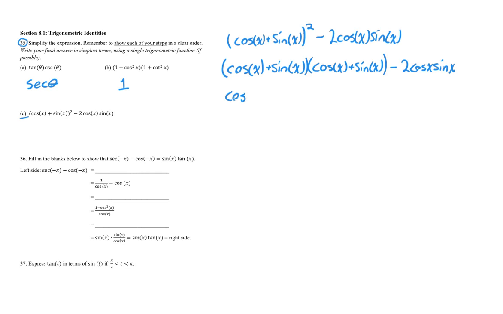We get cosine squared x plus cosine x sine x plus cosine x sine x plus sine squared x minus our 2 cosine x sine x. So those guys cancel with that guy. We get cosine squared x plus sine squared x, which is 1.